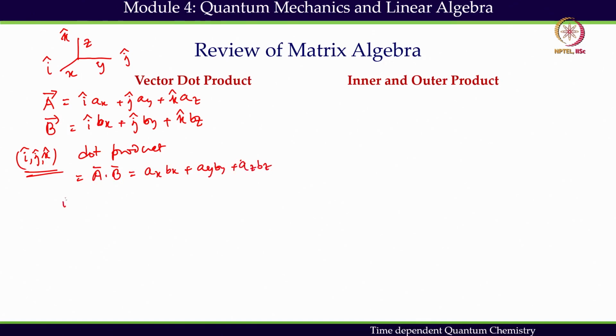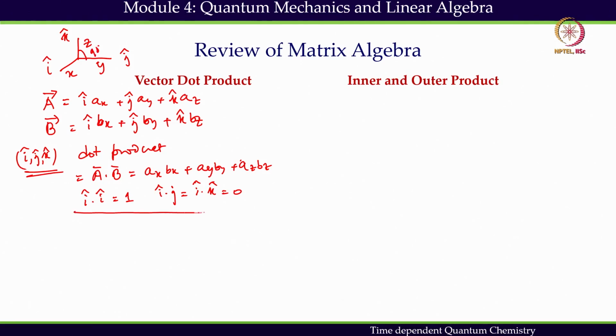It's because i dot i would exist, it will be 1, but i dot j or i dot k are all 0, because they are perpendicular, it becomes cos theta. So, i dot i is nothing but 1 multiplied by 1 multiplied by cos theta. Cos theta is going to be for 0 degrees, so we get 1.